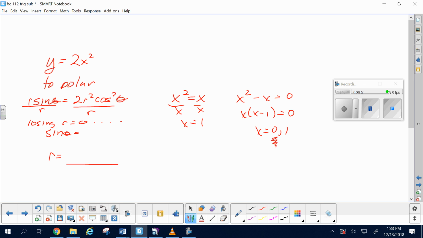Sine theta is 2r cosine squared theta, so r is sine theta over 2 cosine squared theta. That's still defined at r equals 0. When theta equals 0, r equals 0, so that isn't a solution being lost. It's a point on the graph that's still there. I know it feels like it's not okay, but it's okay.